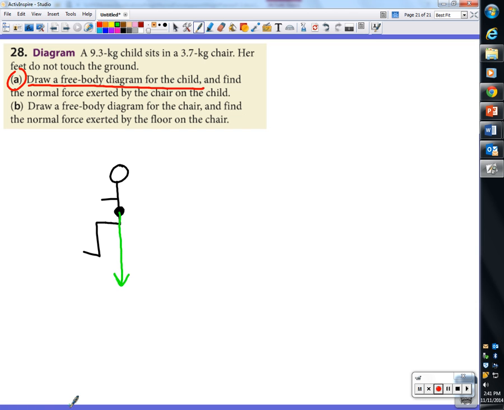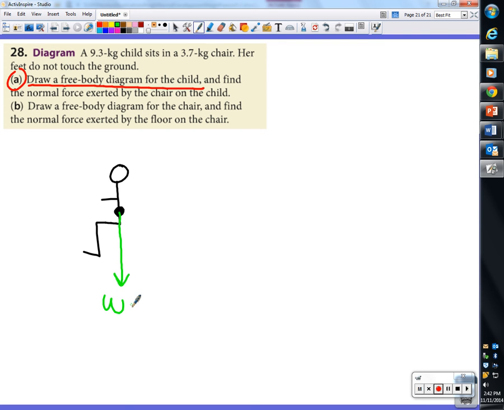We just learned that the name of the force of gravity is what? The force of gravity is called the weight. So we'll label that as W. And we also just learned that in order to calculate the magnitude of the weight of an object, or the magnitude of the force of gravity acting on an object, we have to do what?